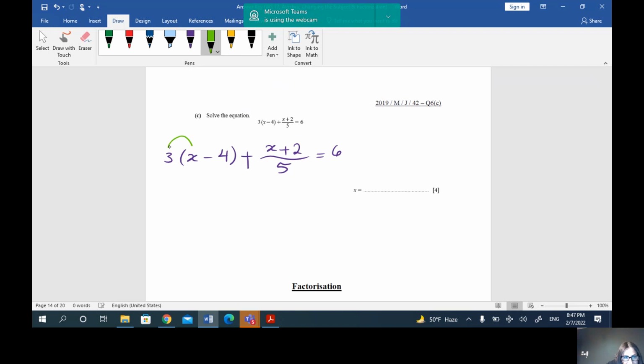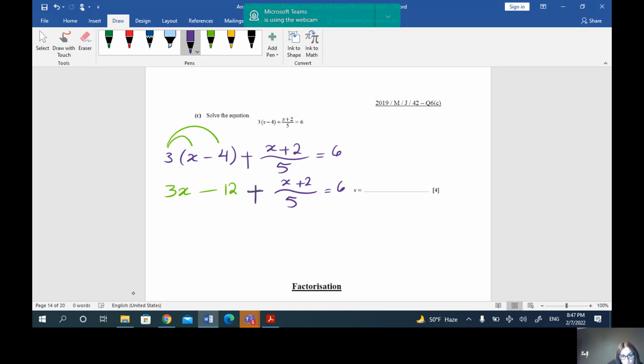So we need to expand. 3 times x, 3x. 3 times negative 4, negative 12, plus x plus 2 over 5 is equal to 6.